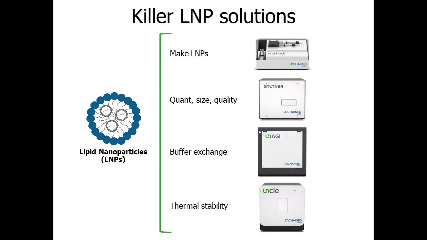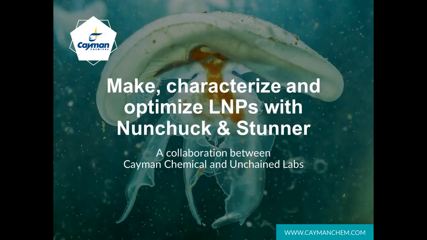You can do buffer exchange and concentration on Unagi, and you can test the thermal stability of LNPs with UNCLE. From start to finish, Unchained Labs is here to provide the right tools for the job. And Julie is going to tell us more about how she used Unchained Labs tools.